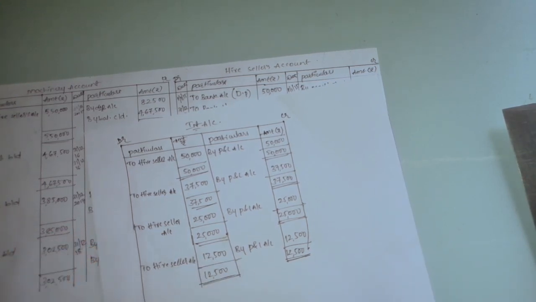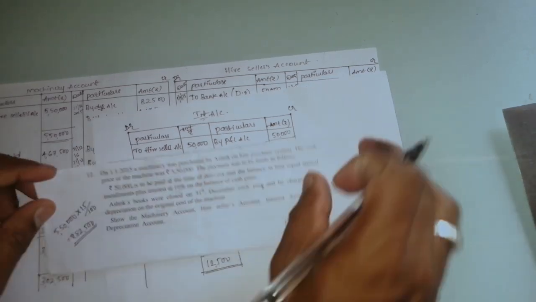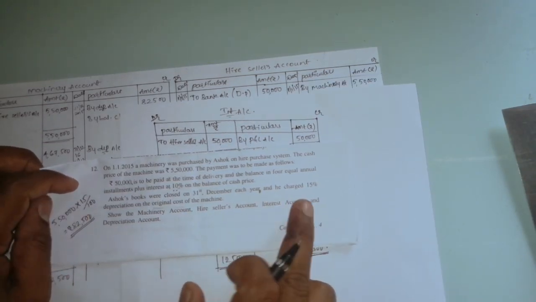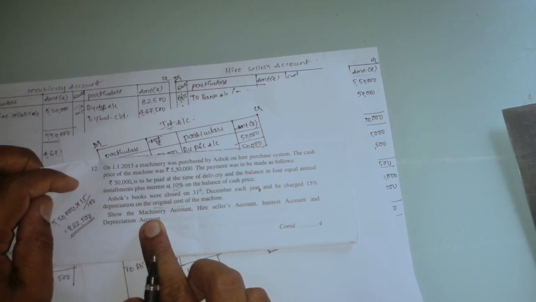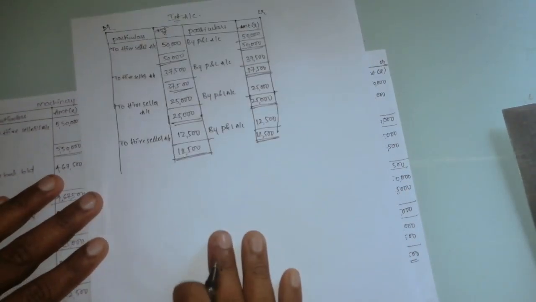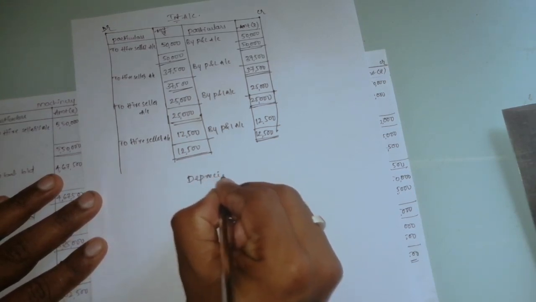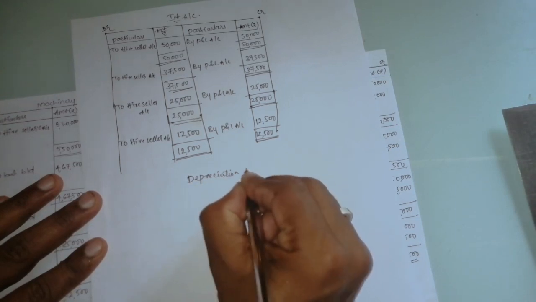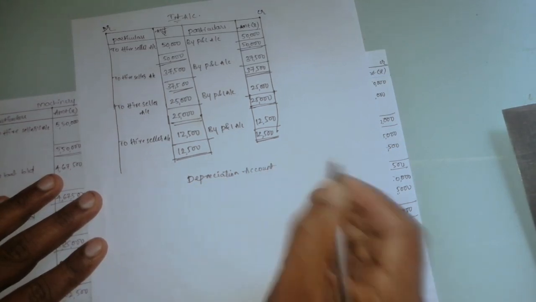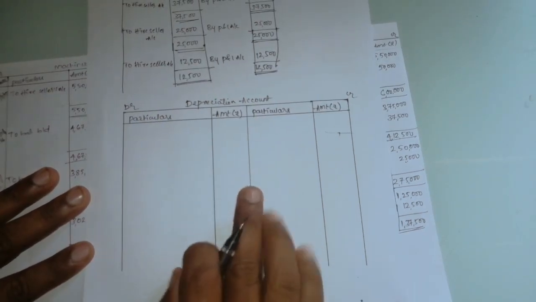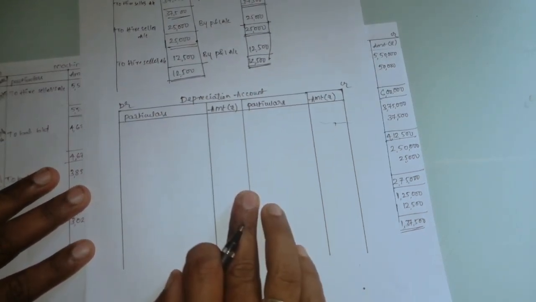Interest amount and depreciation amount will be transferred to the profit and loss account. Next, after preparing the machinery account, hire seller account and interest account, the last one is the depreciation account. Clear? Every year depreciation is charged on original cost.